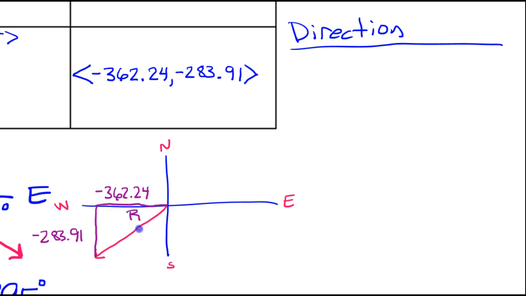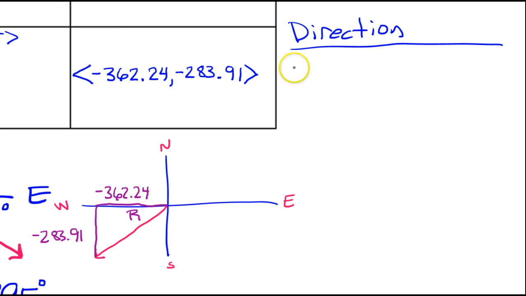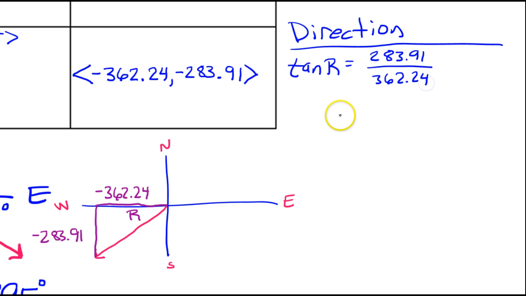Okay, now we can find this reference angle by using tangent, because the tangent of the reference angle should be 283.91 over 362.24. You really can ignore the negative signs when you're doing the reference angle, because we just want the positive size of the reference angle anyway.